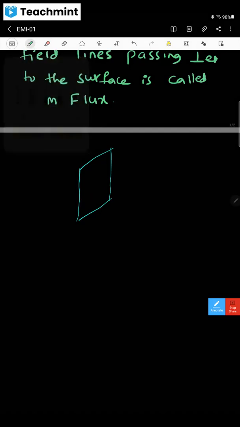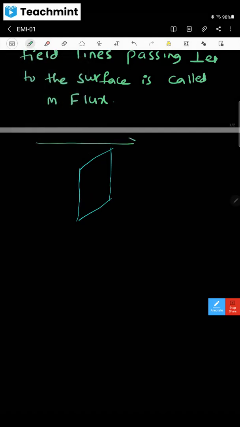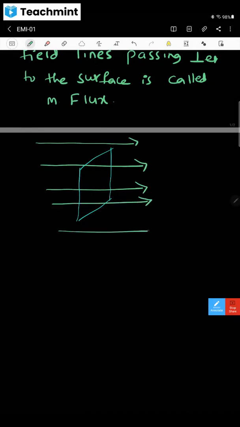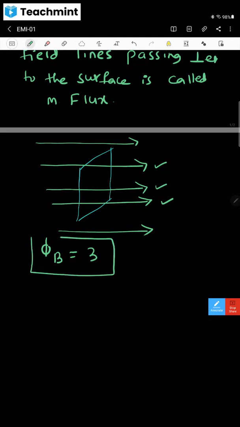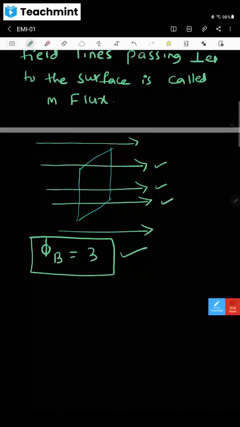Through this surface, there is some magnetic field going like this. How many field lines are passing? One, two, three. So three magnetic field lines are passing. That's why the magnetic flux is three. That is the meaning of magnetic flux.